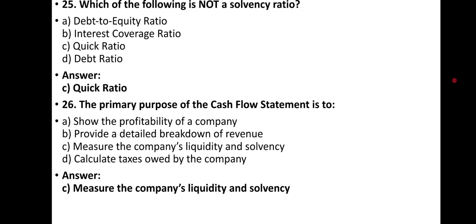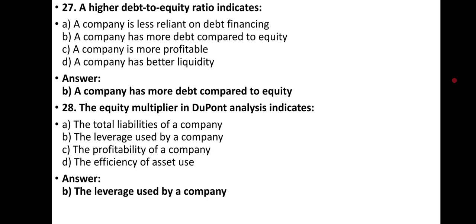Next question we have, which of the following is not a solvency ratio? So right answer is quick ratio is not a solvency ratio. Next question we have, the primary purpose of cash flow statement is to measure the company's liquidity and solvency. The higher debt to equity ratio indicates that the company has more debt compared to equity.